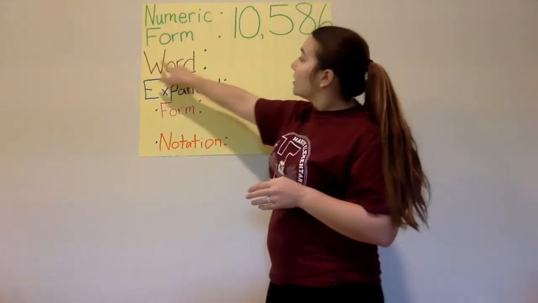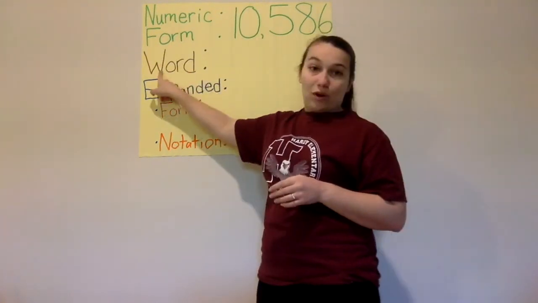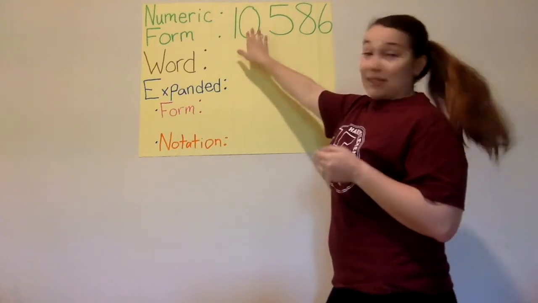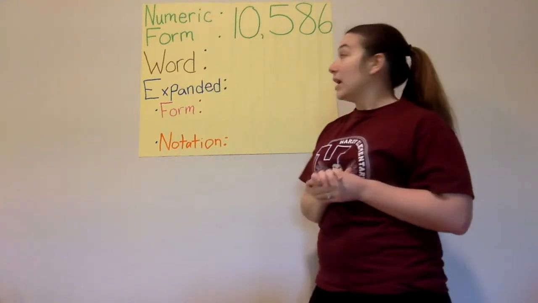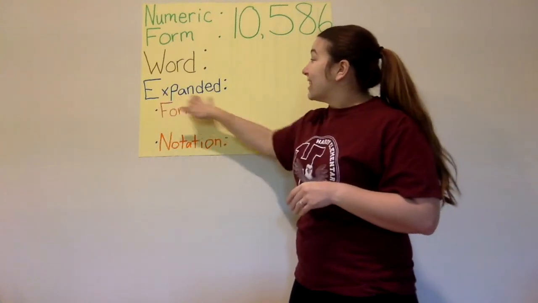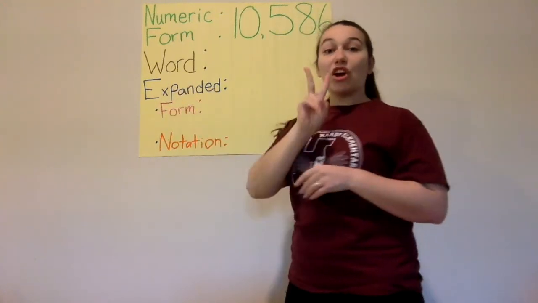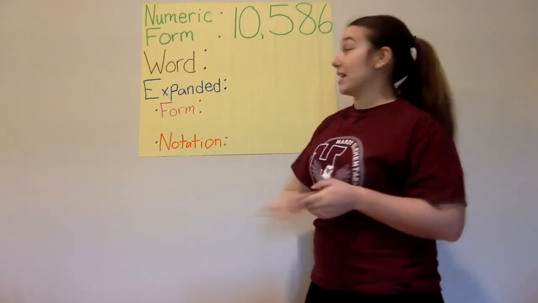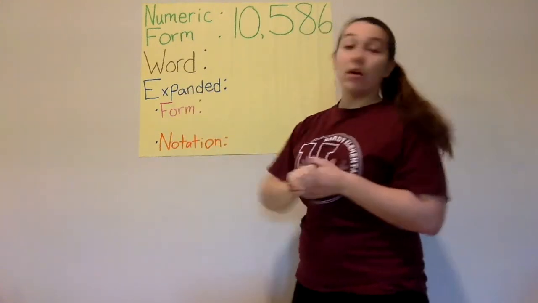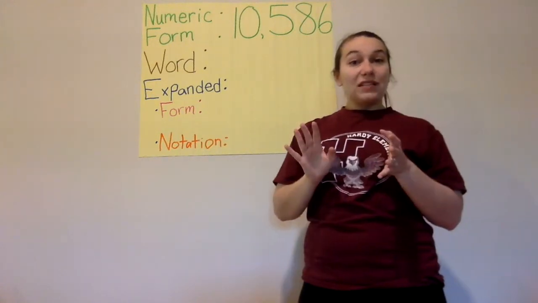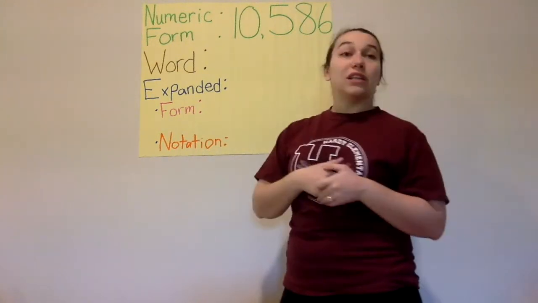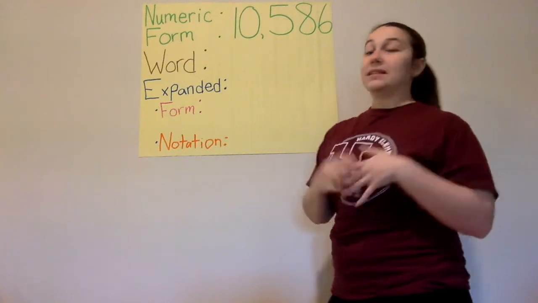The next way is we can see them in word form. And in just a second, we are going to take this number and put it in word form. After that, we have expanded, and there are two different types of expanded. We can have expanded form and expanded notation. So today, during this video, we are going to go through all the different ones.